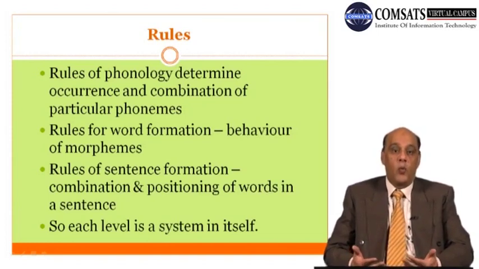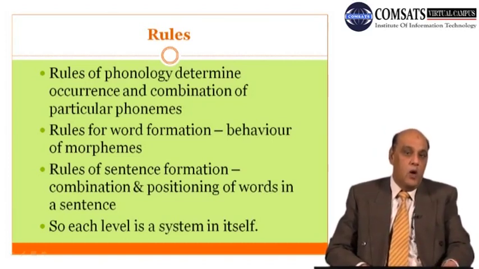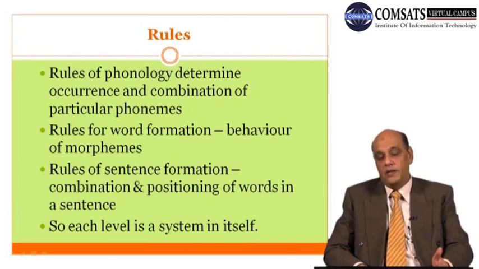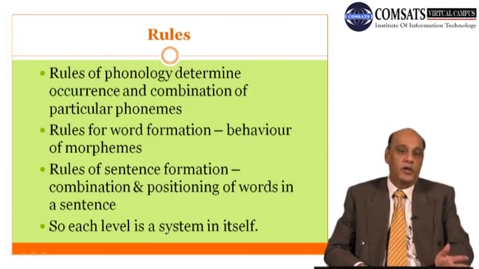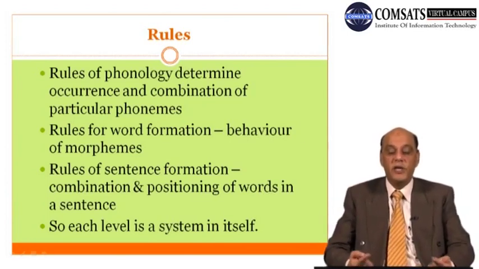It depends on where a certain word is put and how that word modifies another word. What is the result of putting a word in a sentence in a certain position? What is the impact of that word on the adjoining words, the words before or after that? So each level is basically a system in itself.